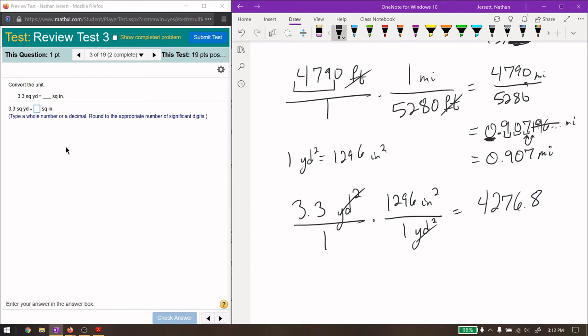So we're going to round to this place right here, the second one in from the left. Look at the next one. That is 5 or greater, so we're going to add 1 here. That gives us 4,300, because this is 4,276.8. We round up to 4,300.